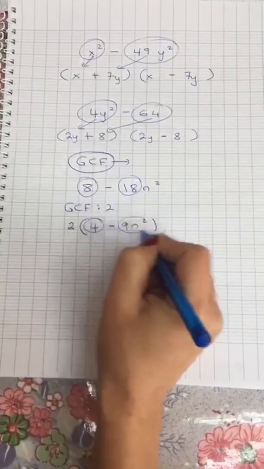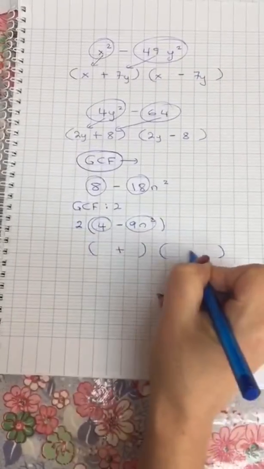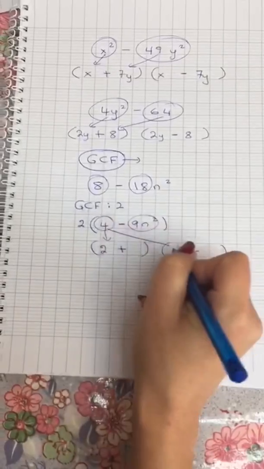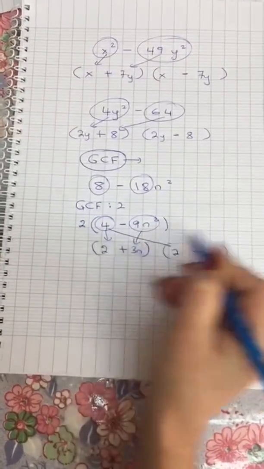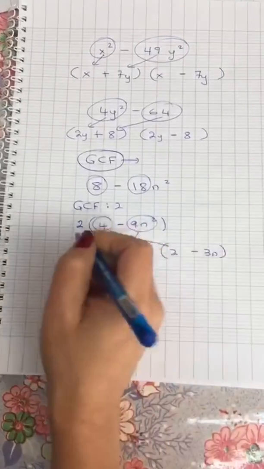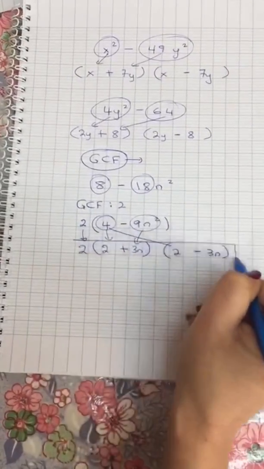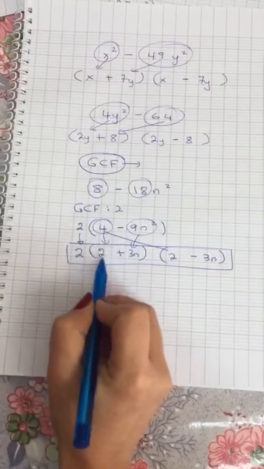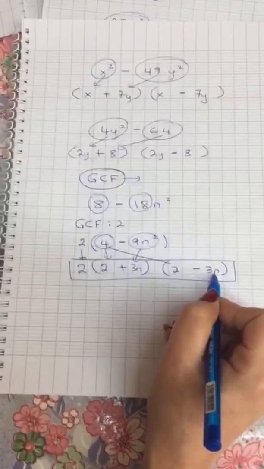Again, it's two terms, so I'm going to have two parentheses, one a plus, one a minus. What's the radical of 4? It's 2. The radical of 9n² is 3n, and 3n. What do I bring down with me? My GCF. So my final answer is 2 outside the parentheses, (2 plus 3n) in one parenthesis, and (2 minus 3n) in another.